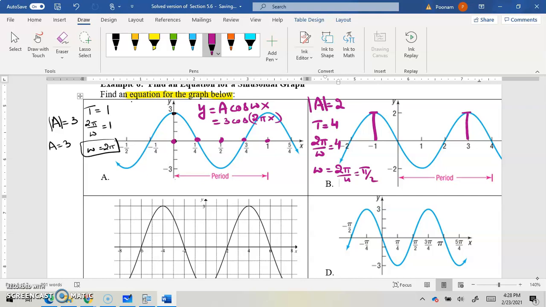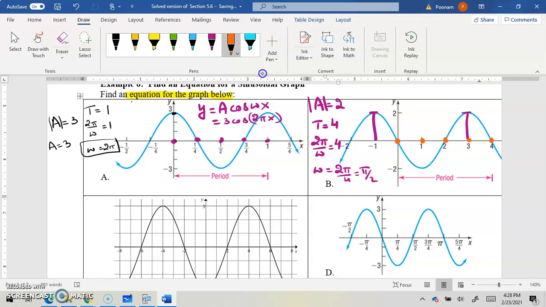Is this a sine function or cosine function? Let's look at the key points. The 5 key points are 0, 1, 2, 3 and 4. Sine curve is 0 at 0. So this looks like a sine curve. But for a sine curve, the first key point is the highest value, but in this case, it is the lowest value.